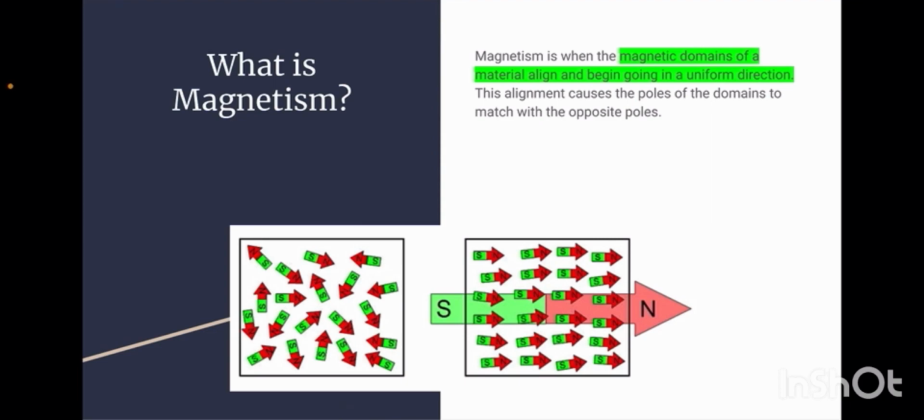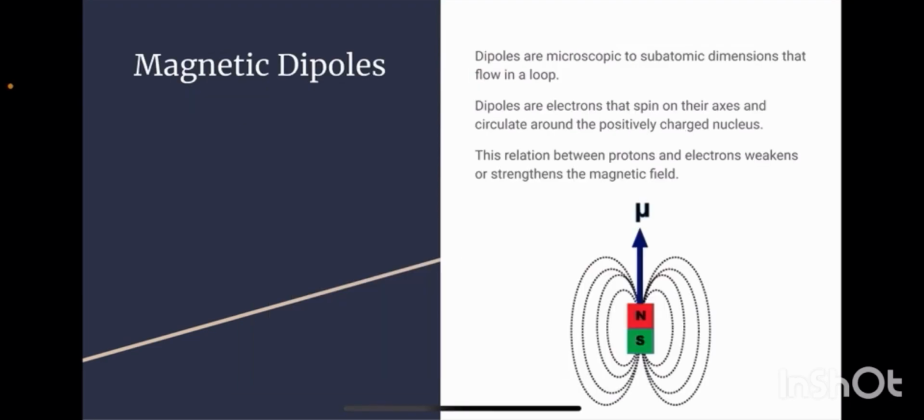Magnetism is basically when the magnetic domains of a material align and begin going in a uniform direction. The alignment causes the north and south poles to be opposite of each other. Dipoles are microscopic to subatomic dimensions that flow in a loop.